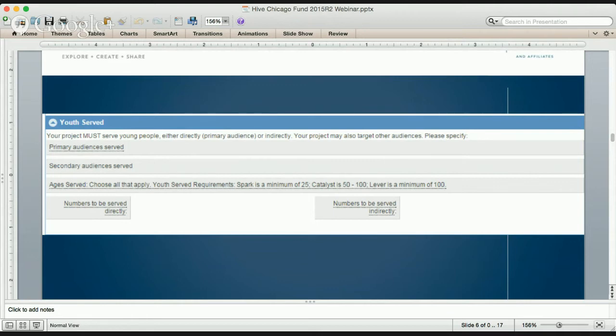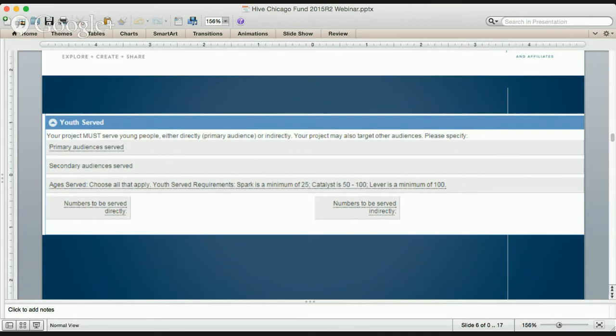So, Sana, maybe say a few words about what we mean by directly served. Great. So directly served are the participants or the people that are actually being impacted by the program. So, say if you're doing a Spark, the minimum requirement is at least 25 youth or educators being served through that program. Those would be the people you're working with directly, maybe face-to-face, with a lot of interaction.